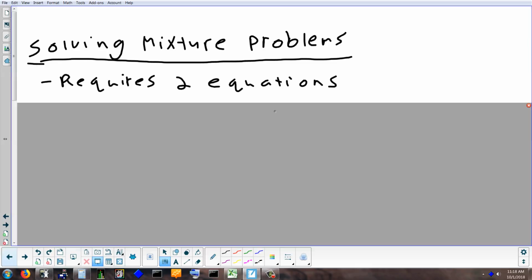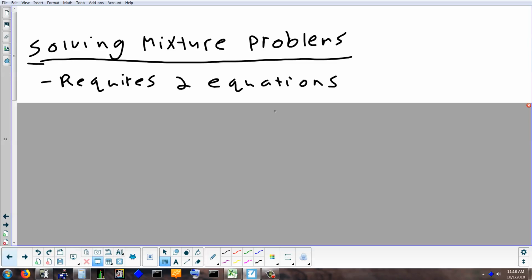So let's say I'm going to give you a bottle of 80% rubbing alcohol and 90%. I want you to mix them together so that you create an 83% solution. I want to have 10 gallons of it. So my question is going to be, how much of each one do you need to mix?